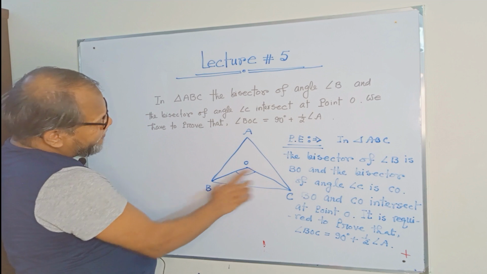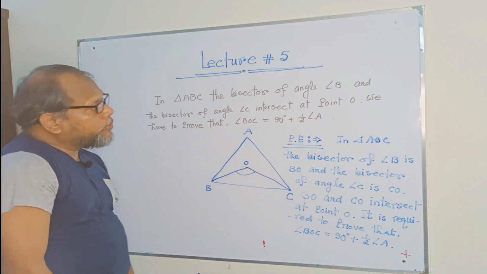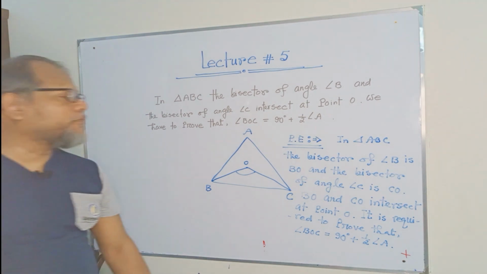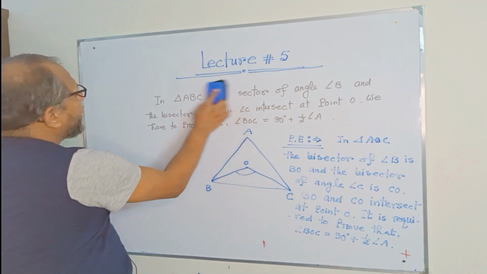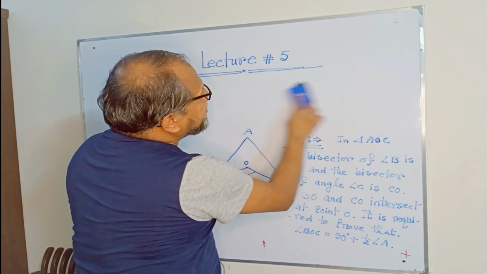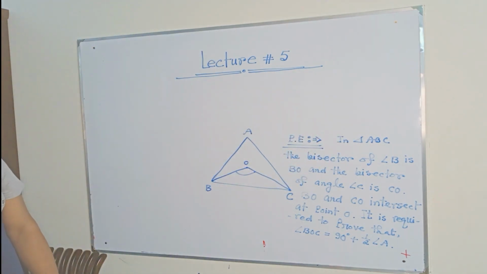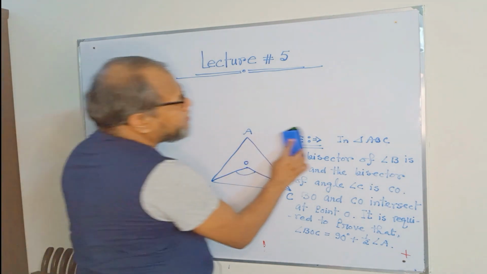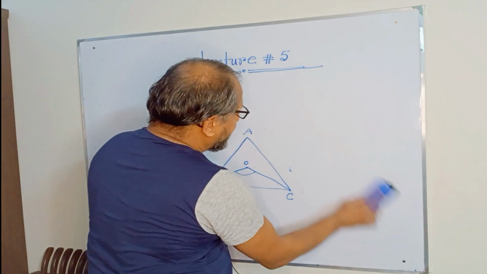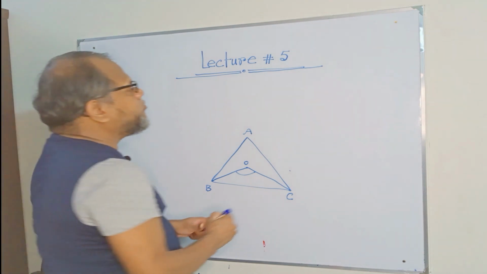One is ABC, another one is BOC. We know that the summation of three angles of a triangle is 180 degree.